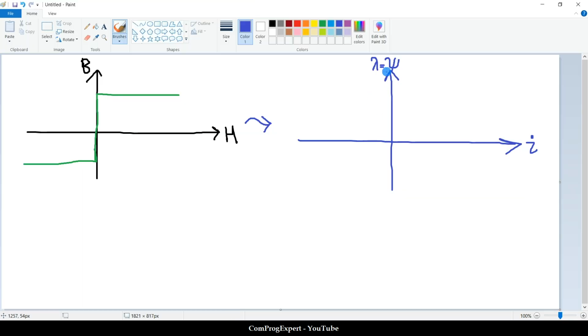So how can we translate this? We know that H is Ni divided by l, and B we can translate to psi, that is equal to N times phi, or N B A. We have A, we have N, and we have B, that is 1.5 Tesla. So we will have this curve.